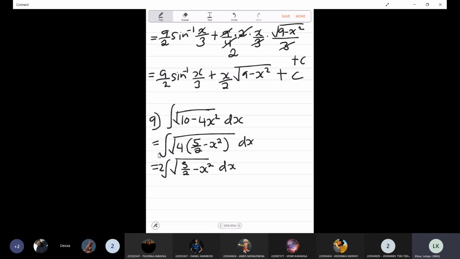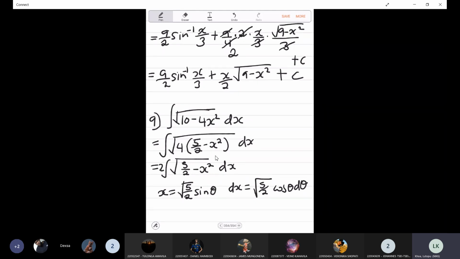Okay, then from there, we just need to make our substitution. So we let x equal to the square root of 5 over 2 sine theta. And this means that dx is equal to the square root of 5 over 2 cos theta d theta.